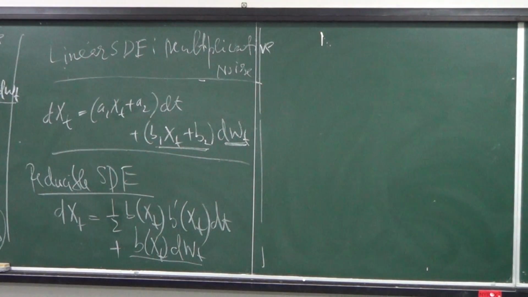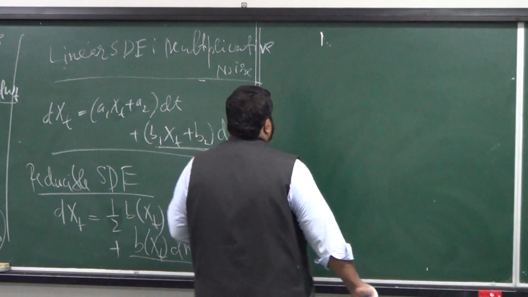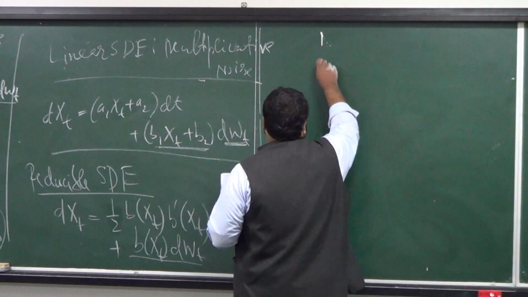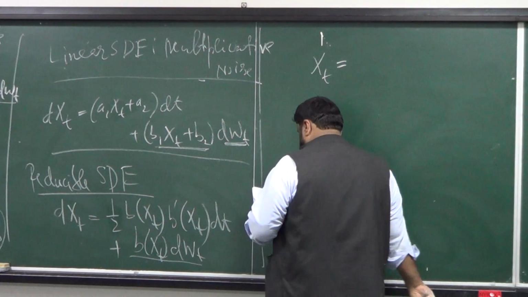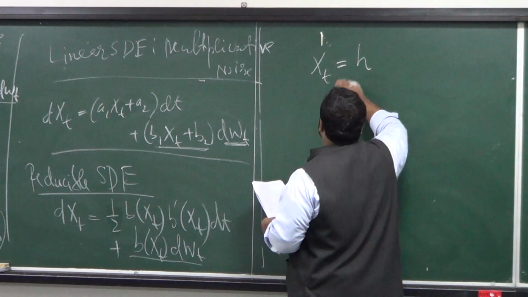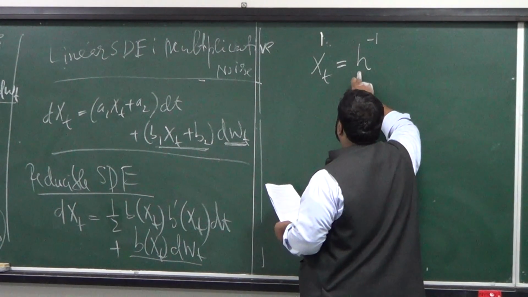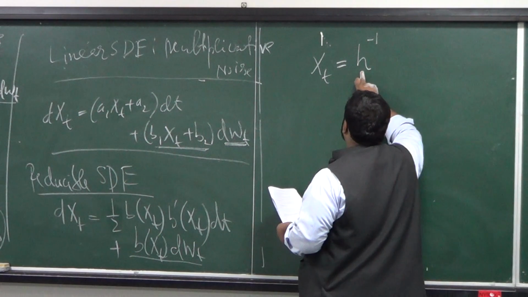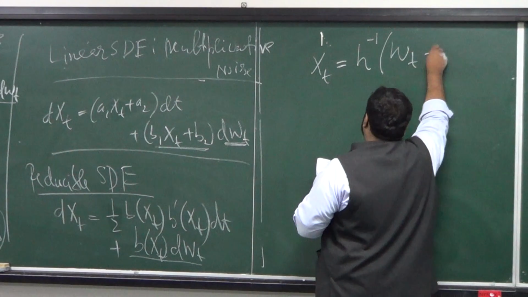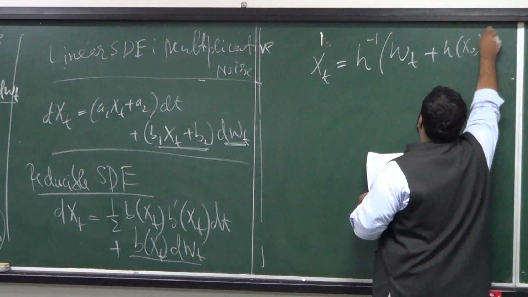So what can be shown is that the solution of this SDE can be computed as this. X_t can be written as the H inverse function, and I'm going to tell what H is, evaluated at W_t plus H of x naught.